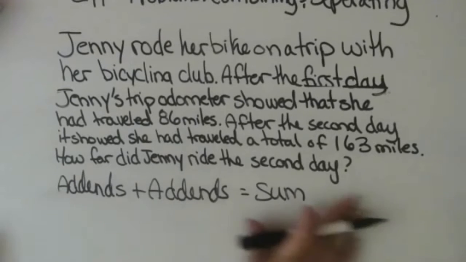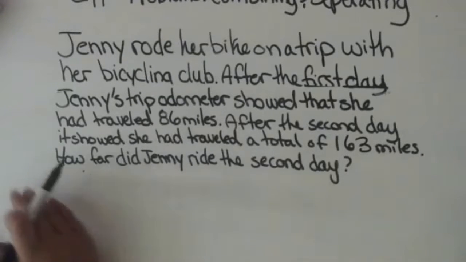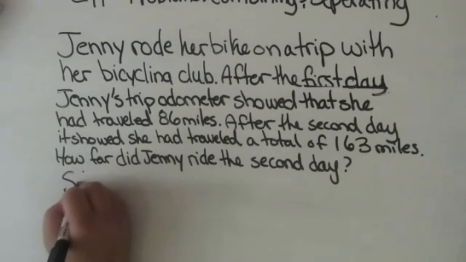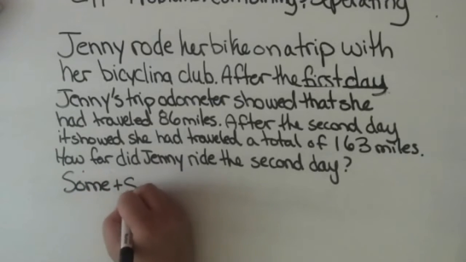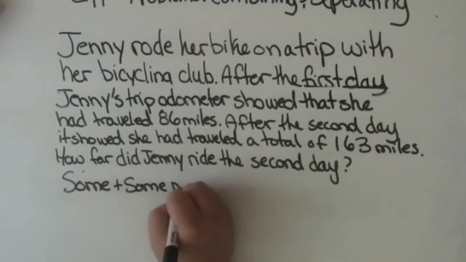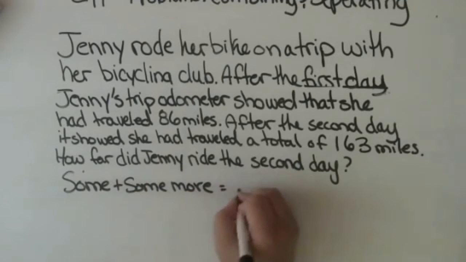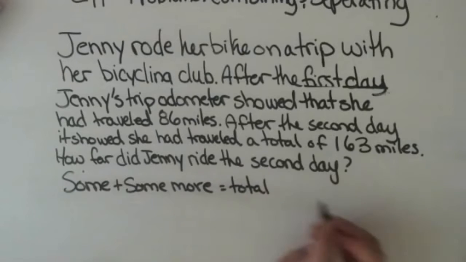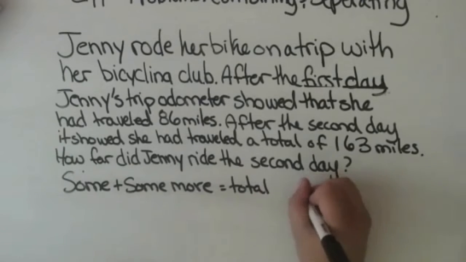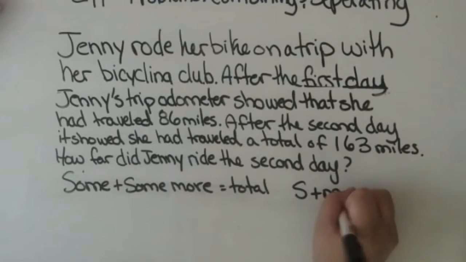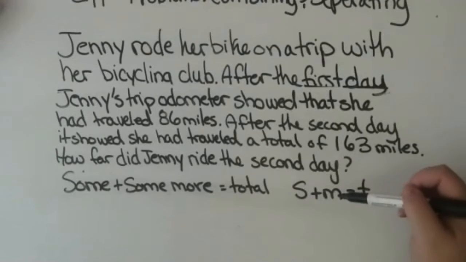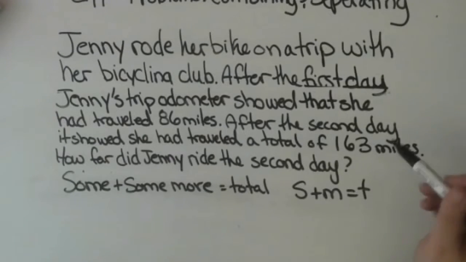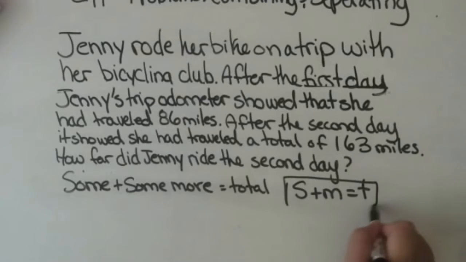What we're looking at today is you start with sum, so a number, you add some more, and you end with a total. This gives us the equation S plus M equals T. Sum, more, total. Okay, this is our solving equation.